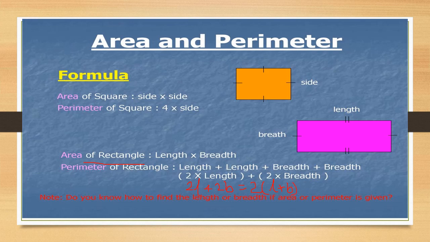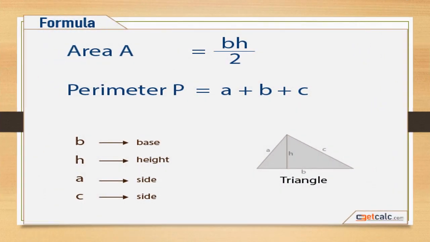Now, area of triangle. This is a triangle. Area of triangle formula, half into B into H. Here instead of that they were given BH by 2. This we can write as half, that is 1 by 2, into base, B means base, into height, H. Yes, very simple.